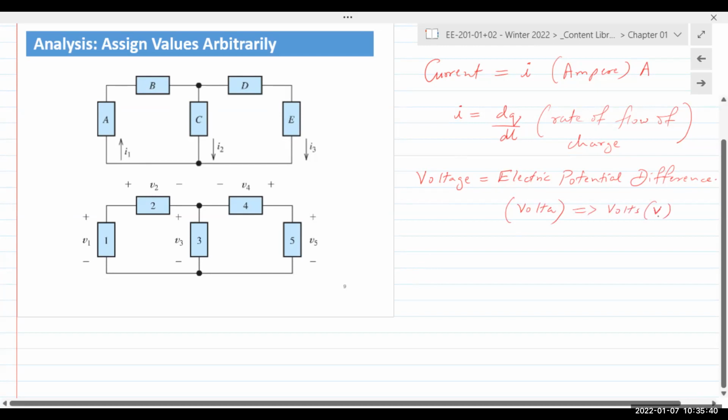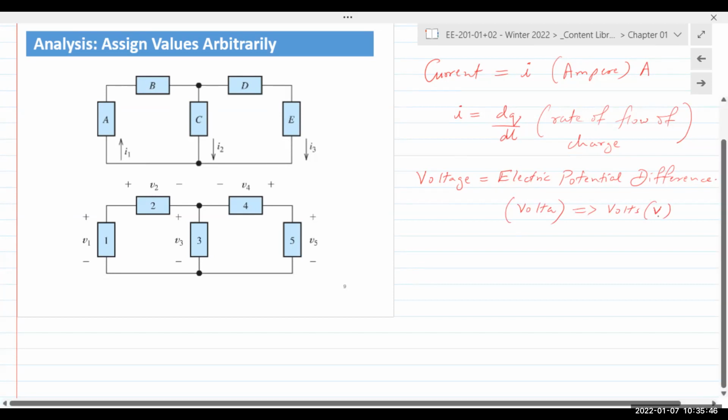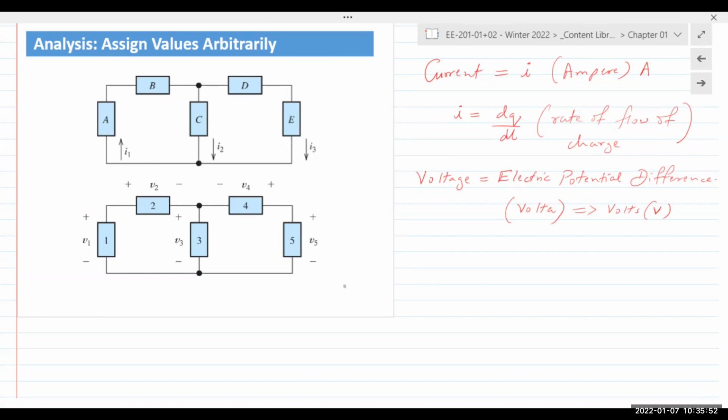Now, current, as I said, is the rate of flow of charge. It means it's flowing through a circuit. So when it's flowing, we indicate the direction by using an arrow. Voltage is the difference in electric potential between any 2 points, right? Meaning it is always measured with reference to 1 point.